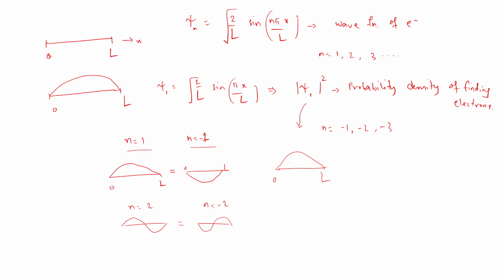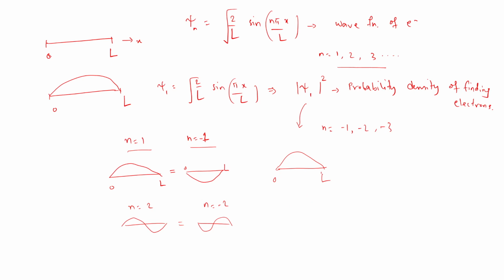So whenever we are counting the states, we have to take only the positive part, and in case we are counting from minus 1, minus 2 just for the sake of mathematical ease, then we have to remember that we are double counting the states. Okay, so now with this in mind, we will count the number of states.